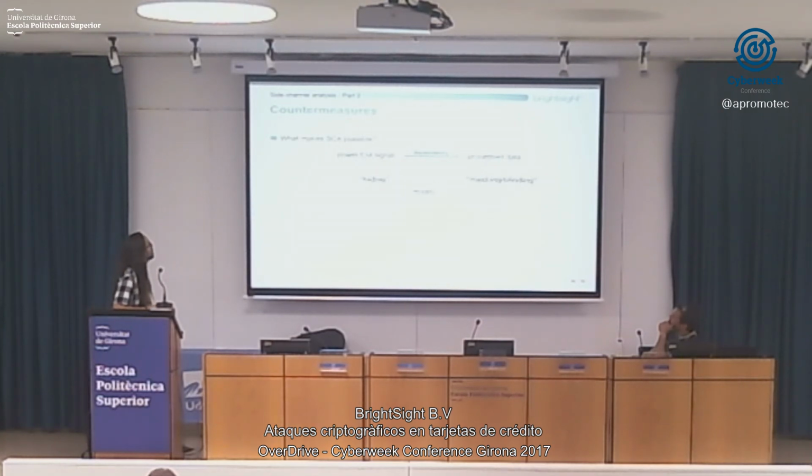So, how to protect this implementation against side-channel attacks? We first need to think about what makes side-channel attacks possible. We have a dependency between the power and electromagnetic signal and the processed data. If we have this dependency, the first thing that we want to do is either hide this dependency or perform some masking or blinding to modify the processed data, so as not to allow guesses.